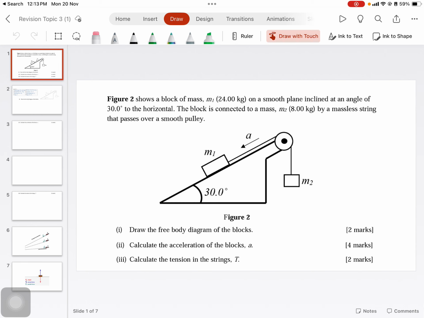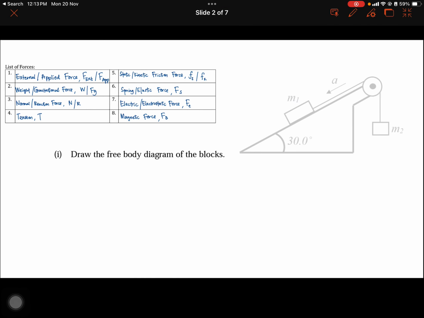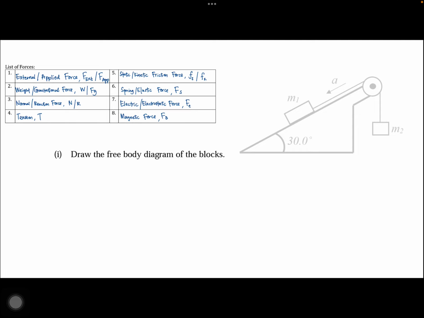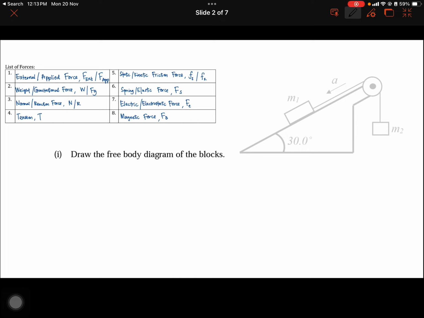So we're going to take a look at the first question now. To help you with the question, I have included here from our workbook this list of forces, because it is important to know all of the forces related to the situation.